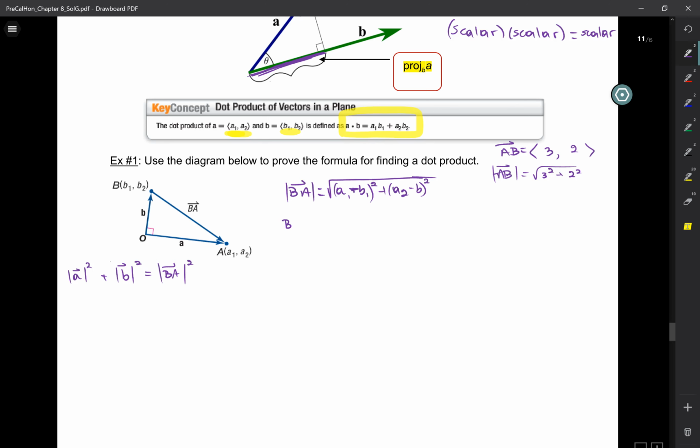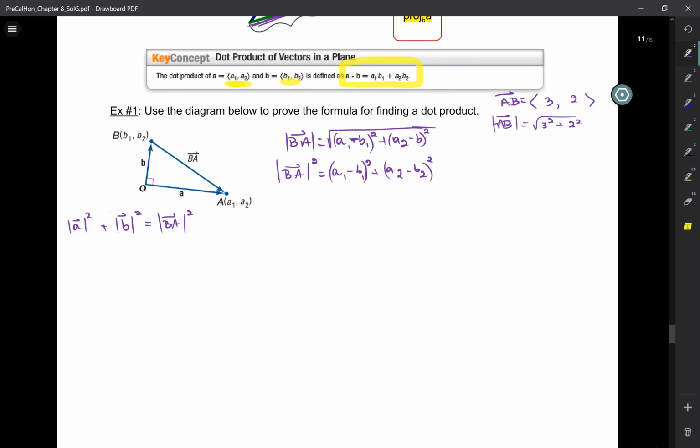So now, for fun, I'm going to square this. And when I square, the square root goes away, right? Okay. Now, just for fun, I'm going to distribute those squares.